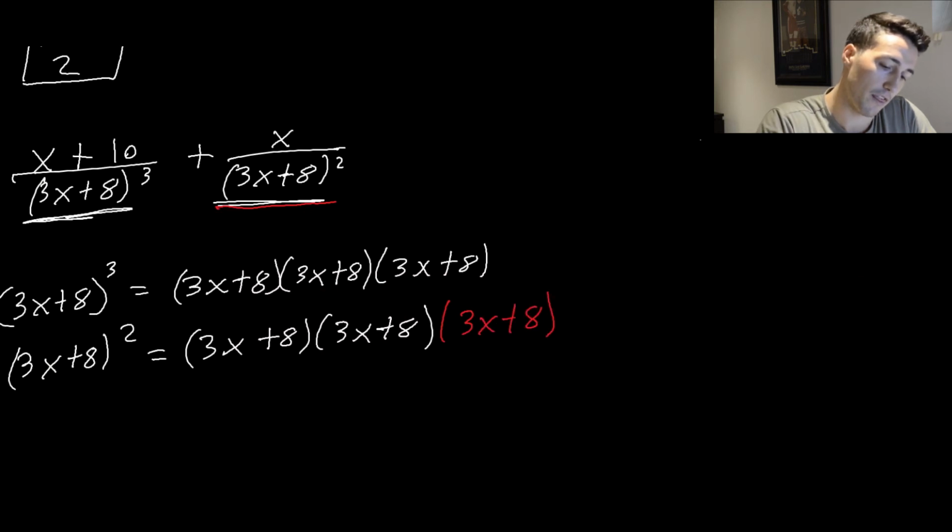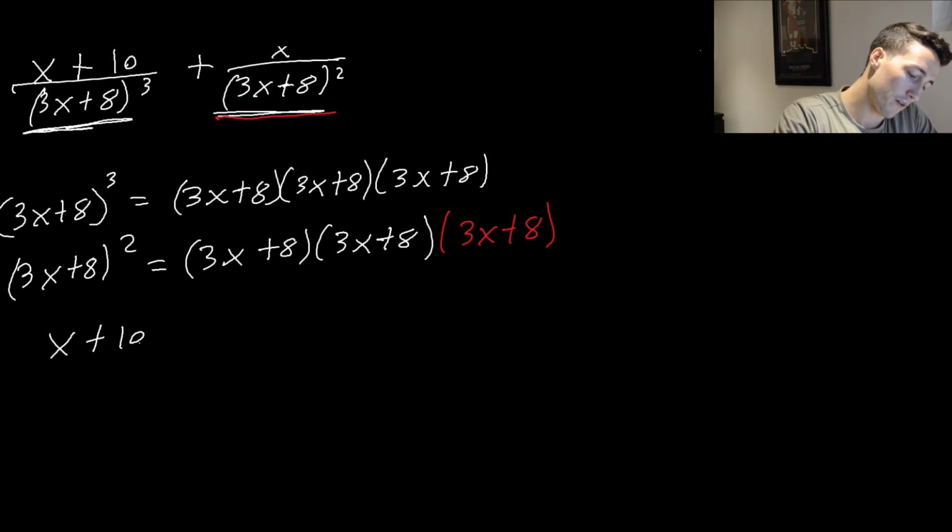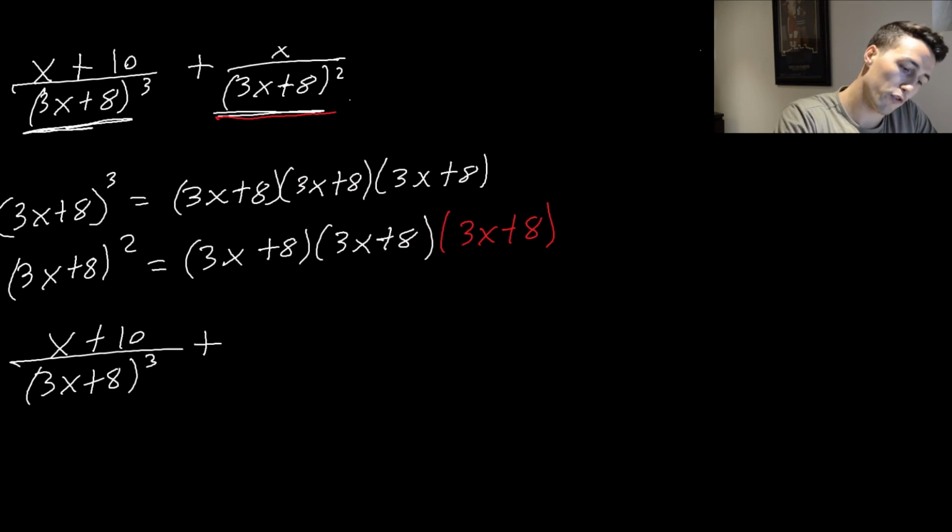But we can't just put that 3x plus 8 there. If we're going to do something to the denominator, we have to do something to the numerator as well. It's got to be the same. So we can write x plus 10 divided by 3x plus 8 cubed. And then we're going to multiply this term here by 3x plus 8.